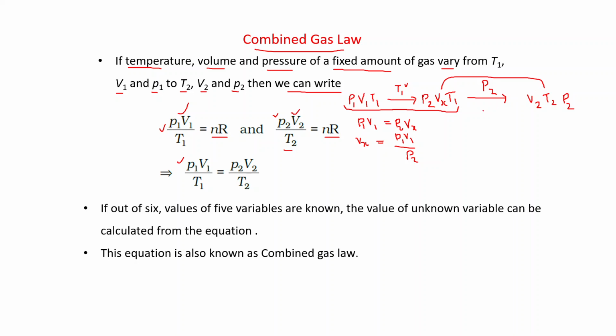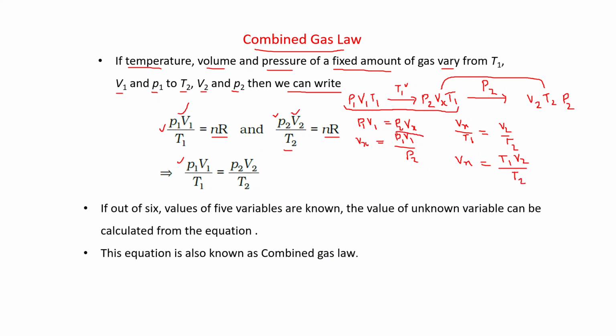That's why this is according to Charles law, and according to Charles law we can write Vx divided by T1 is equal to V2 divided by T2, and from this you can write Vx is equal to T1 V2 divided by T2.